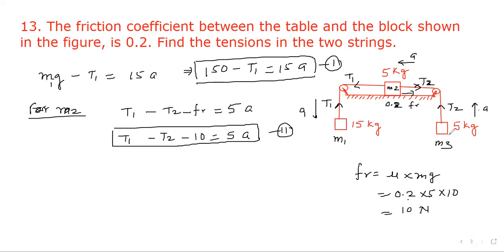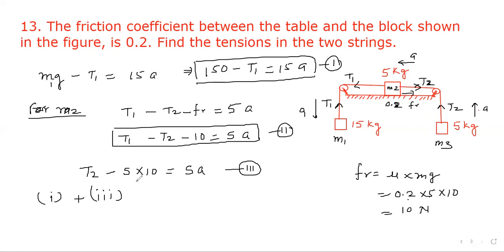Now we consider the motion of this 5 kg block. It is moving in the upward direction. So tension T2 minus its weight downward, 5 into 10, is equal to 5A. Now this is T1, this is T2 containing equations. So if we add 1 and 3, what do we get?